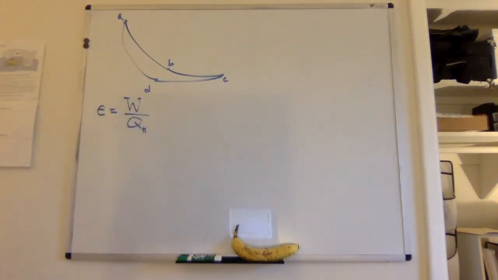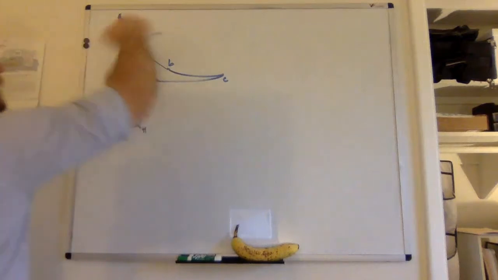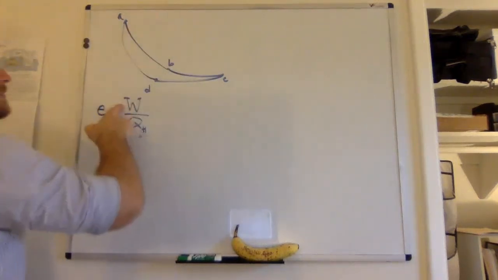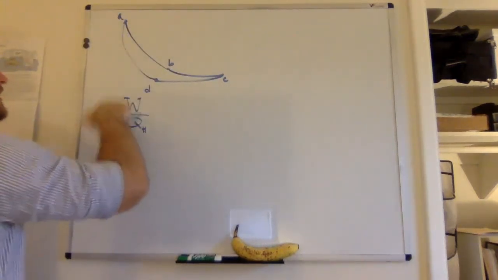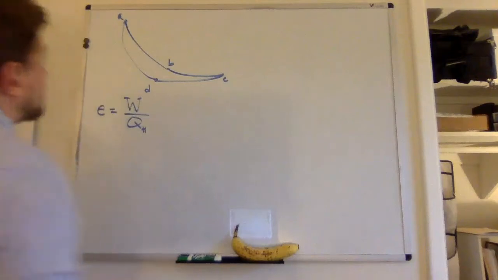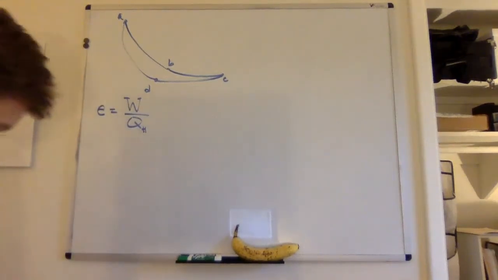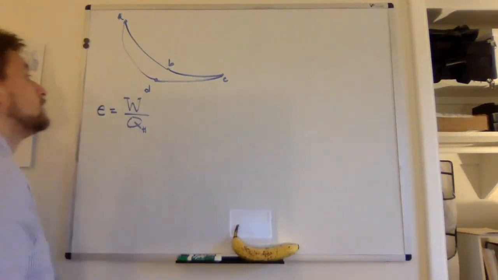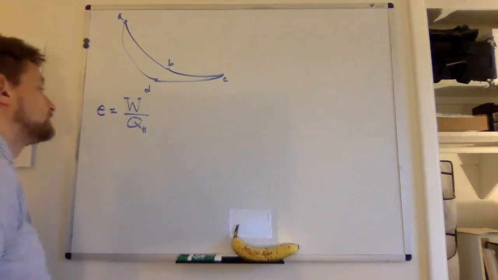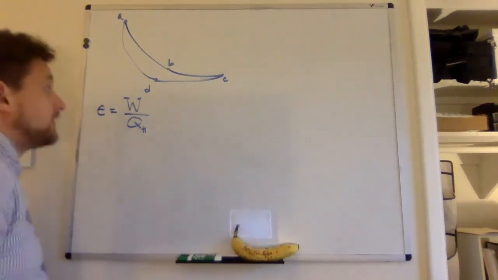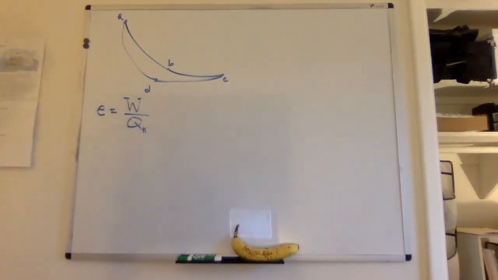So we need to figure out what is the net work, the net useful work in this cycle, and how much heat did we invest? This is the game. Okay.